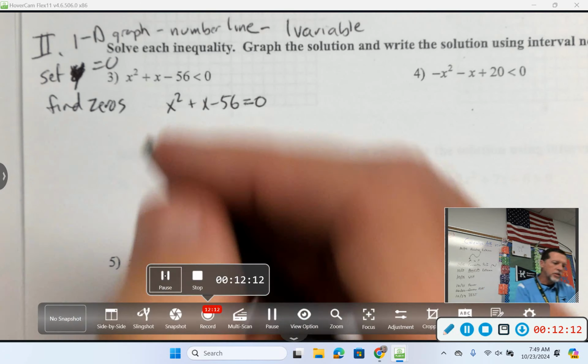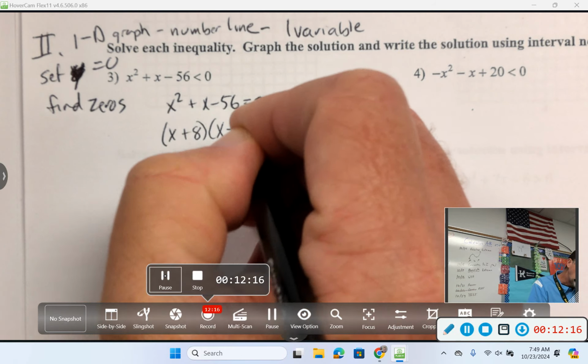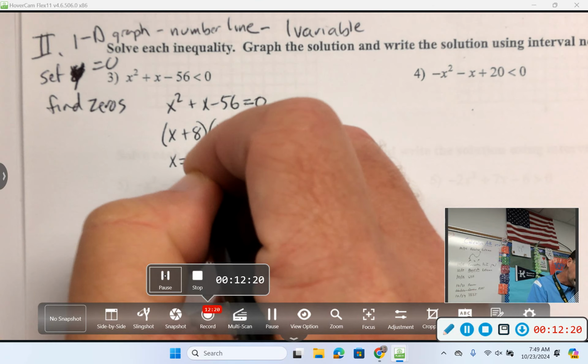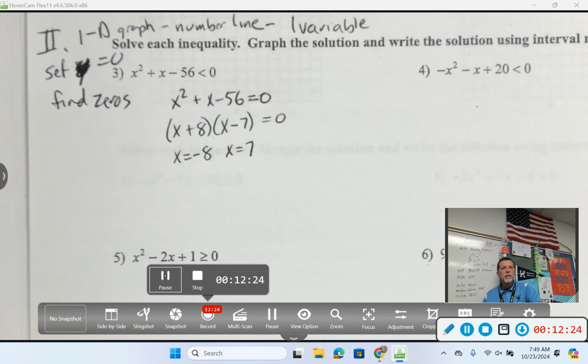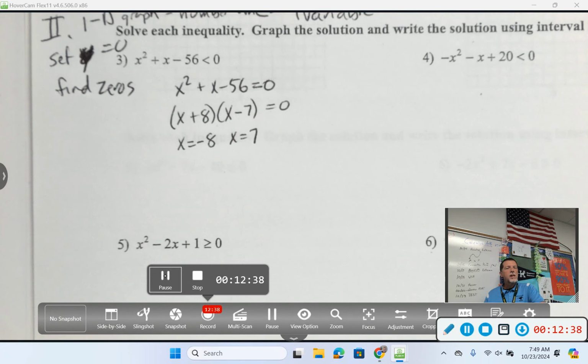So most of these are going to work out nice, like x plus 8 and x minus 7. Okay, but those are the places where the quadratic is equal to 0. And then we want things to be less than 0.